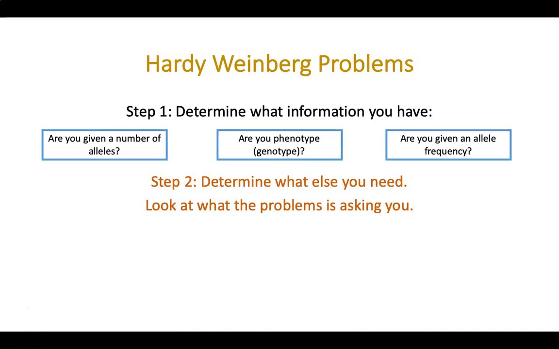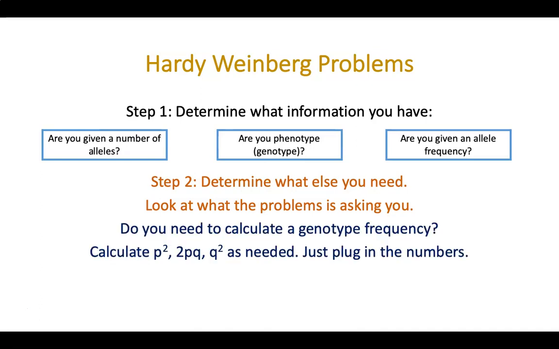After that, you have to look at what the problem is asking you. Most likely, it is going to ask you for one of the genotype frequencies. To do that, you have to identify which genotype frequency you need. Which part of the rest of the Hardy-Weinberg equation do you need? Remember that p squared is the frequency of your homozygous dominant individuals. So if you're asked for the number of homozygous dominant individuals in your population, you're going to just plug in p and square it.